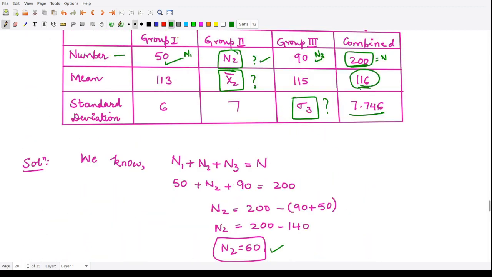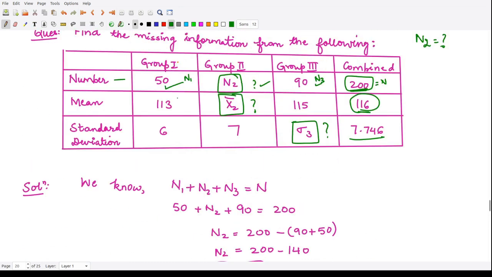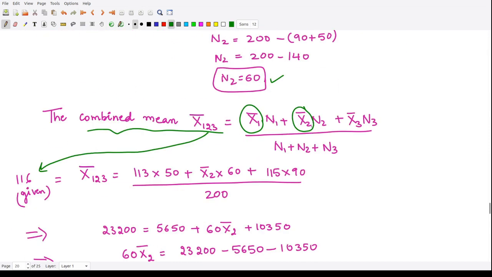If you notice, this value is given to us, and then we are also given x1 bar, which is 113. We are also given x3 bar, which is 115. So we have here 113, here 115, x2 bar we have to calculate, and the number of quantities in group 1 is 50. For the second group we have just calculated this to be 60, so we have used the same here, and for N3 it is 90, and the total is 200.